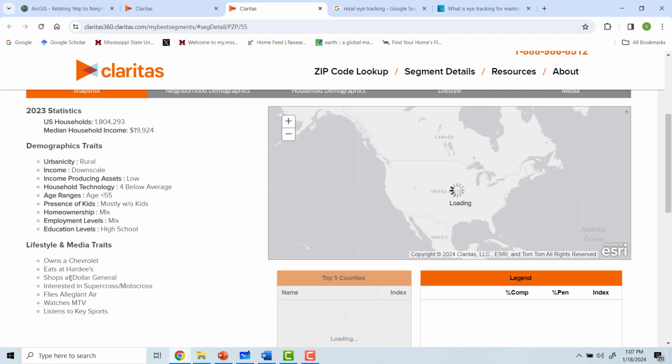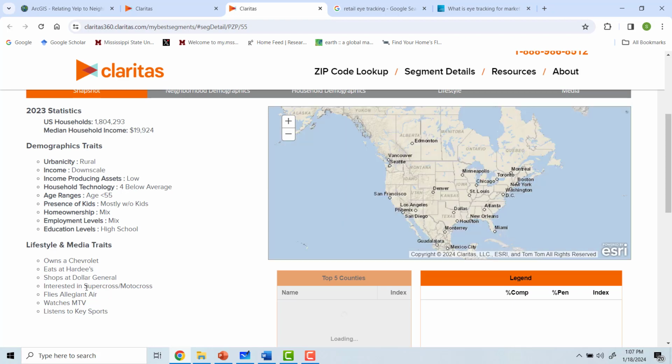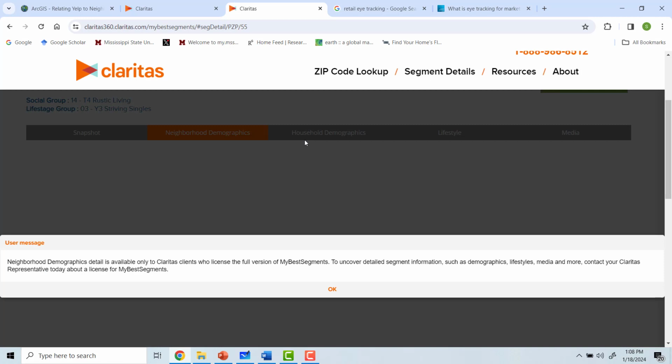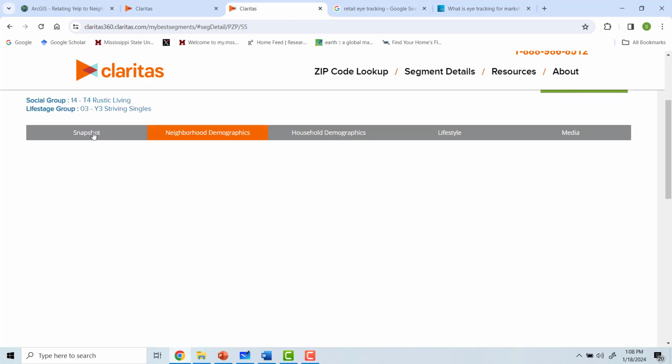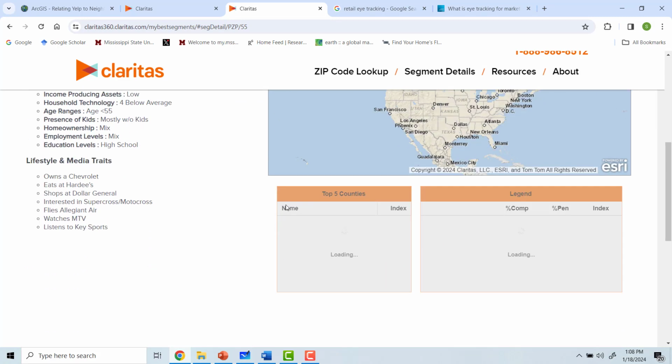Owns a Chevy, eats at Hardee's, shops at Dollar General, interested in Supercross, flies Allegiant Air. A little bit stereotypical. We have something about neighborhood demographics, which is only available to premium subscribers. But we generally have information on consumer groups within a certain geographical neighborhood.